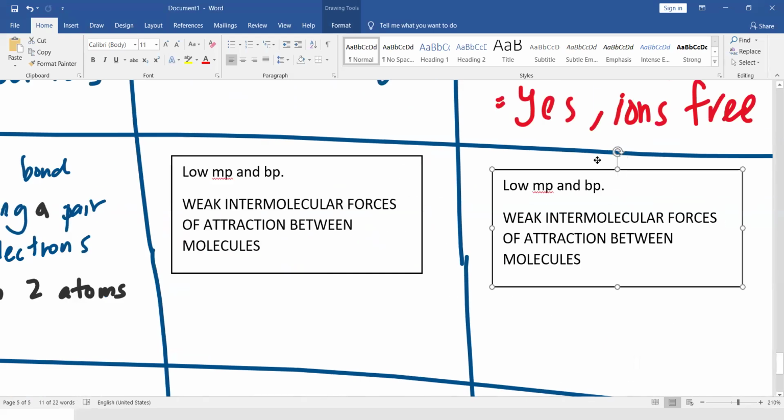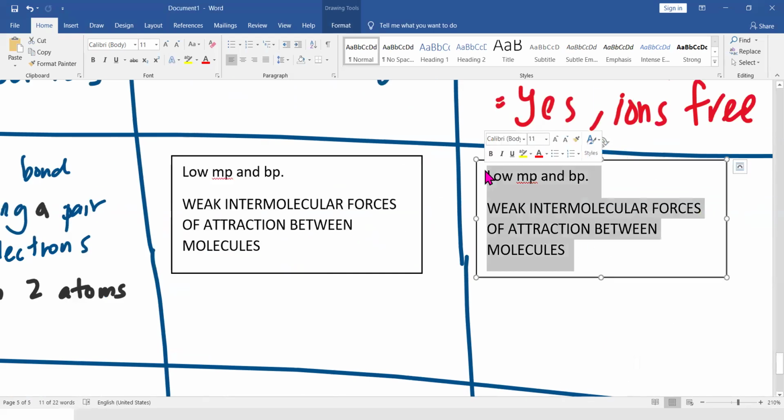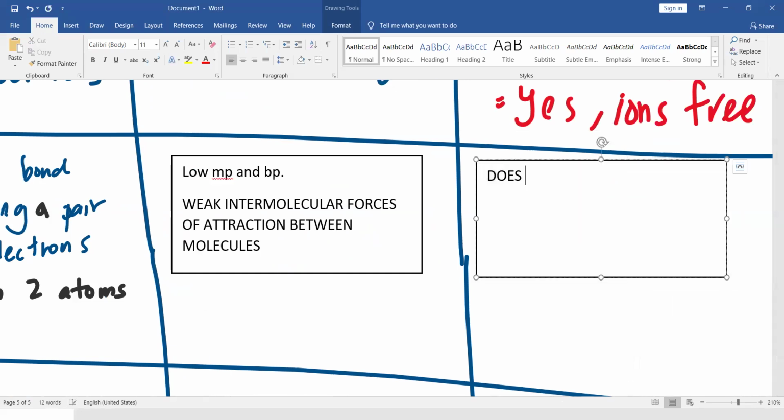Does it conduct electricity? It does not conduct electricity in any state. That means solid, liquid, gas, it cannot. Because there are no free ions or free electrons.